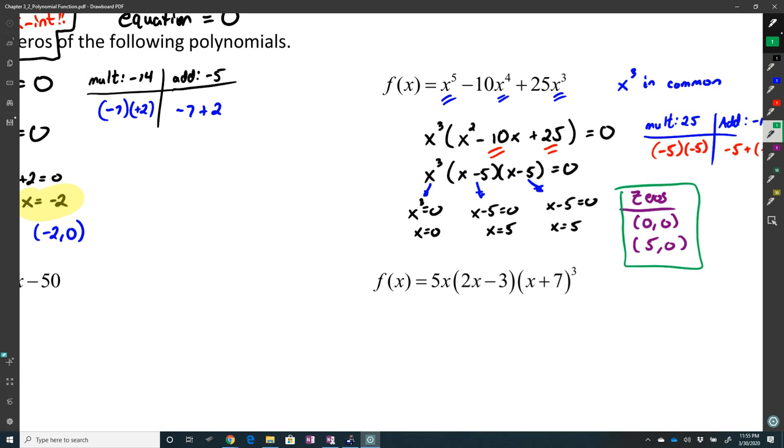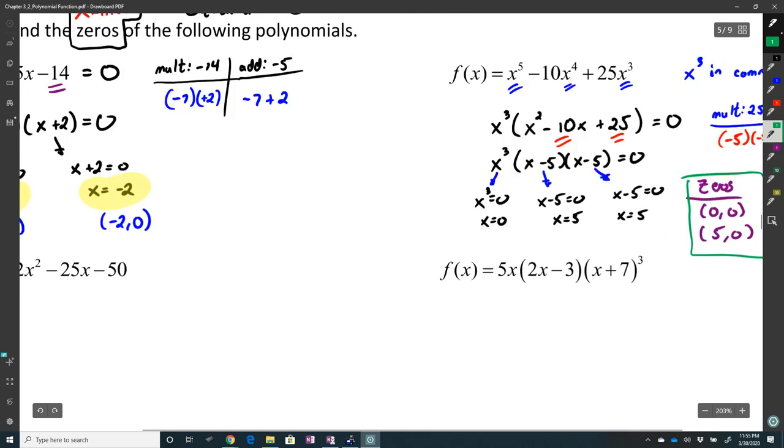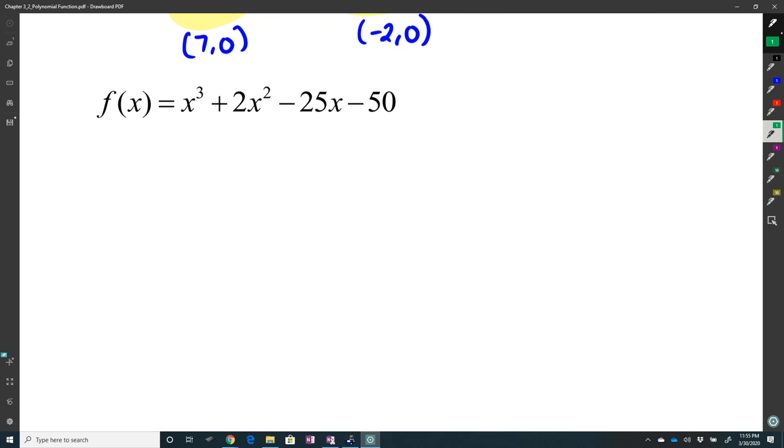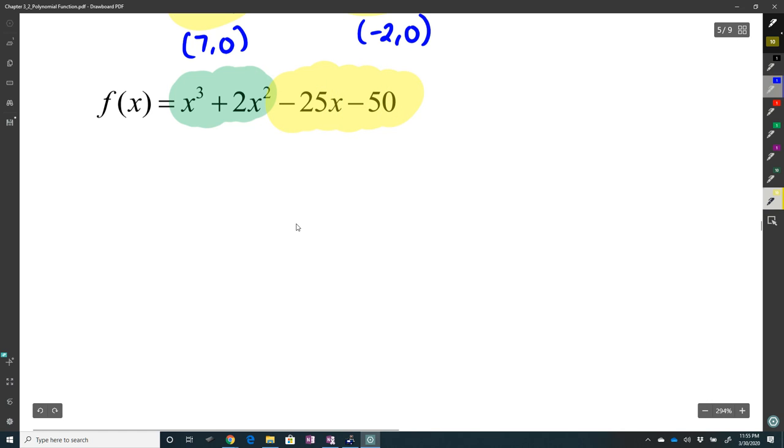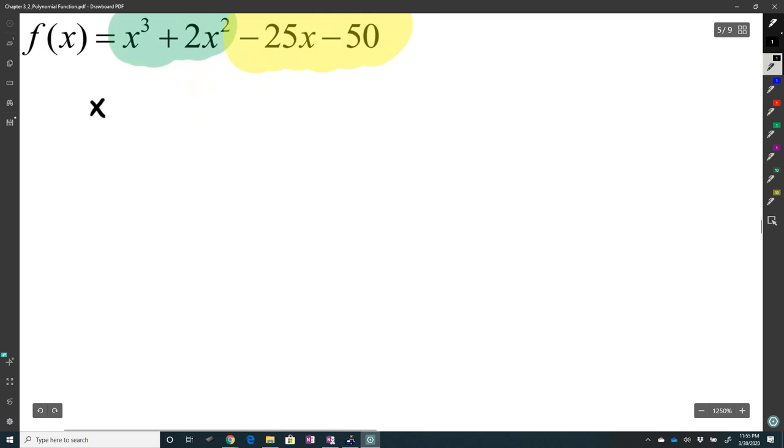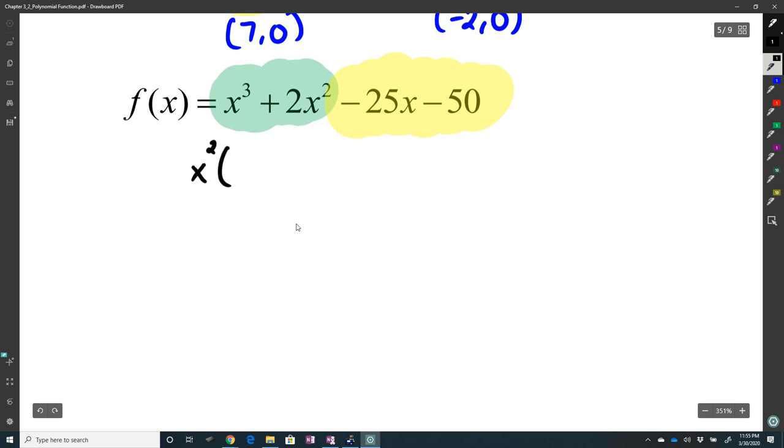Okay? Now we get to the trickiest of the tricky ones, and that's this one. Now this one is a little special. This one you have to factor by grouping. So we notice that there's 2 groups here, and this first group has an x squared in common. And this gives me an x plus 2. This next group has a minus 25 in common, which leaves me again with x plus 2.